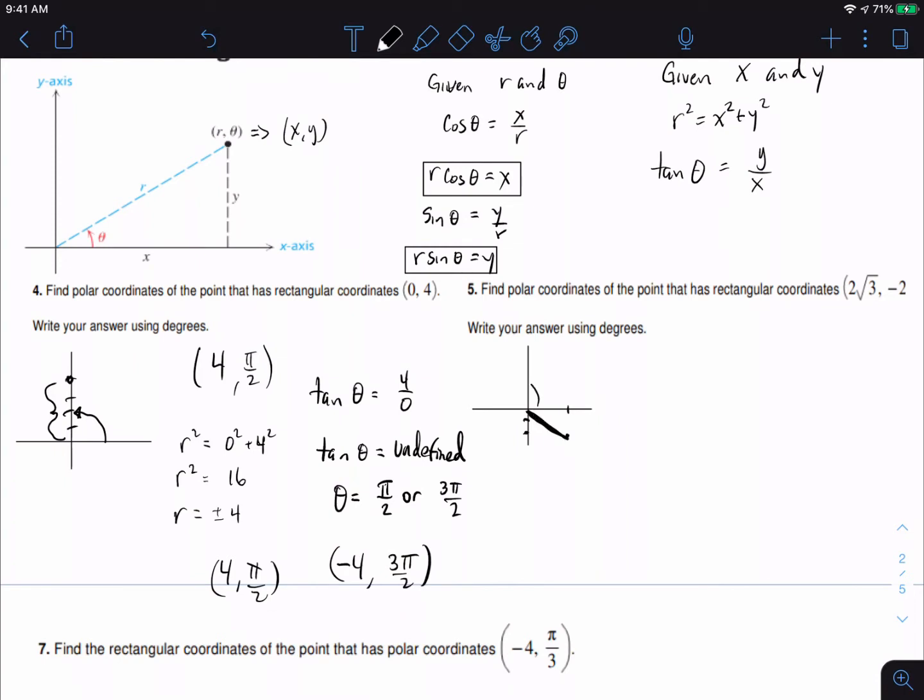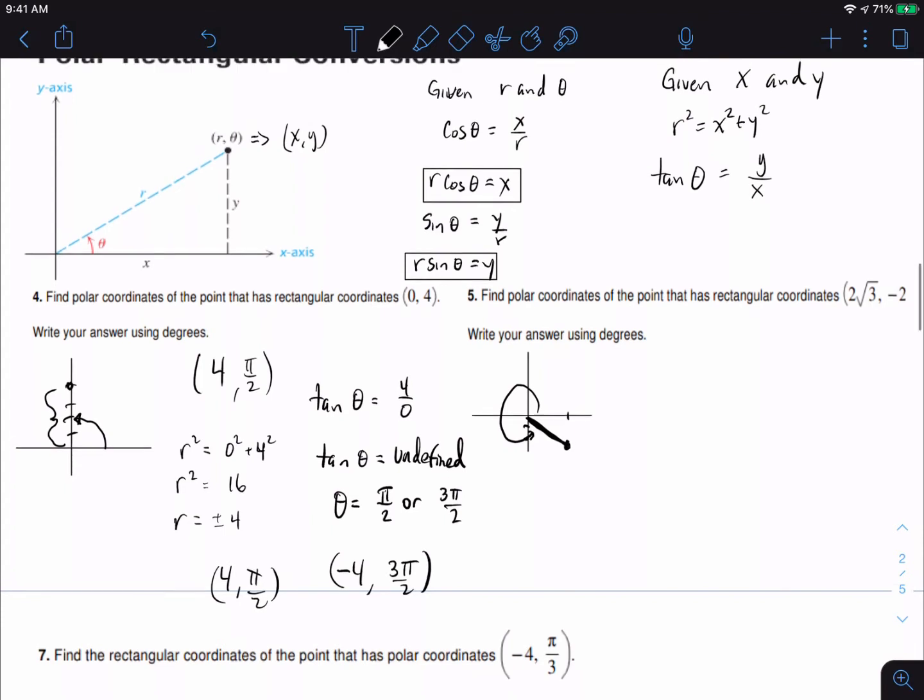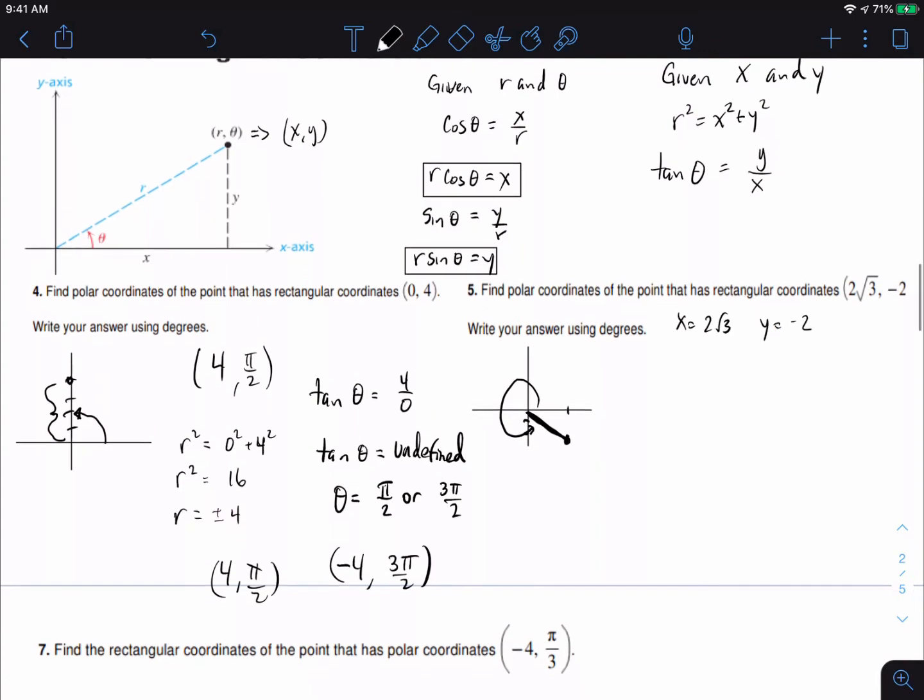So I'm going to go around that way because I'm going to try to use the positive case, okay? And there's our point. So then our x is 2 radical 3. Our y is a negative 2. And I'm going to go, okay, x squared plus y squared is equal to r squared.